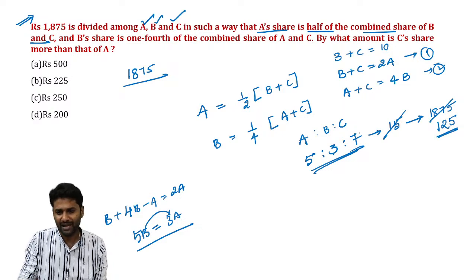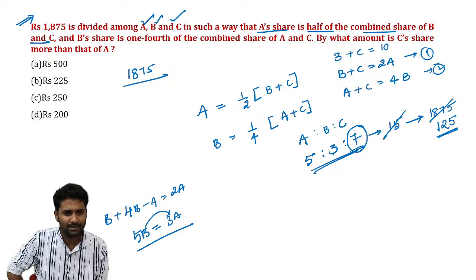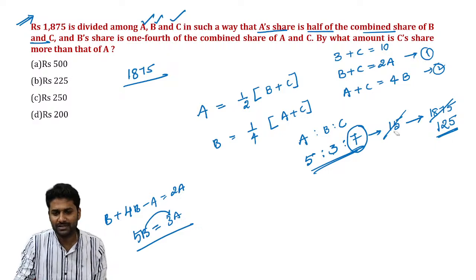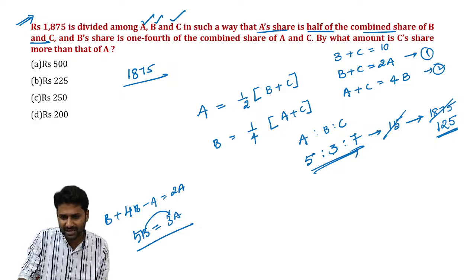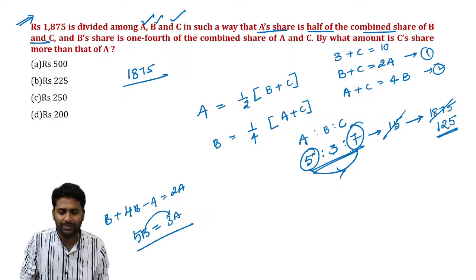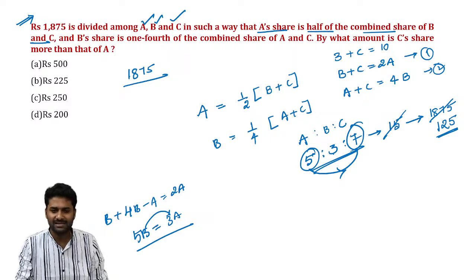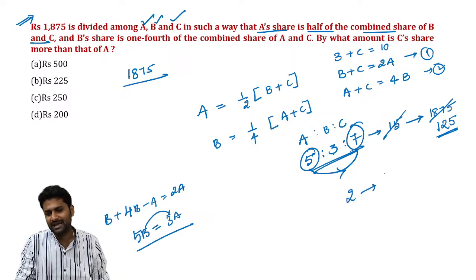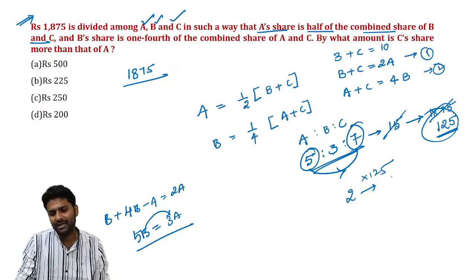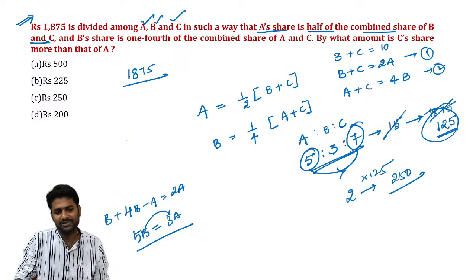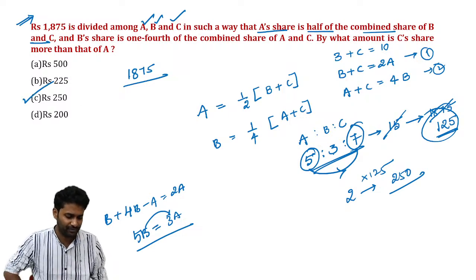Now the question is what is the amount C's share is more than A's. C got 7 out of 15, A got 5 and B got 3. In comparison, C got more than A by 2 units. Each unit is 125, then 2 into 125 is equal to 250 rupees.